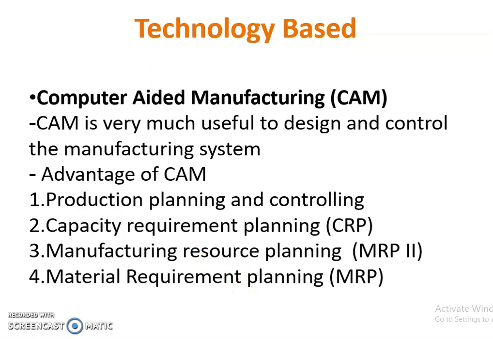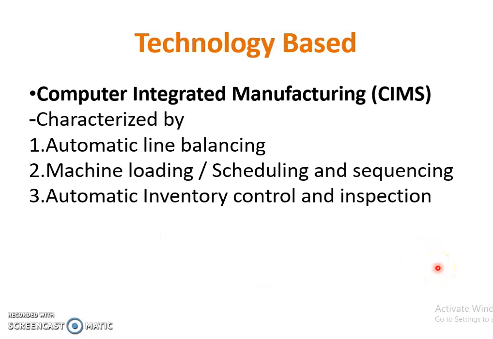Now let us see again the advantages of CAM, computer aided manufacturing. So it is helpful in production planning and controlling, capacity requirement planning, MRP2 and MRP1, that is material requirement planning MRP1 and manufacturing resource planning MRP2.